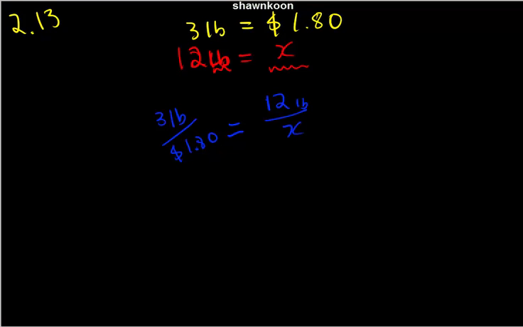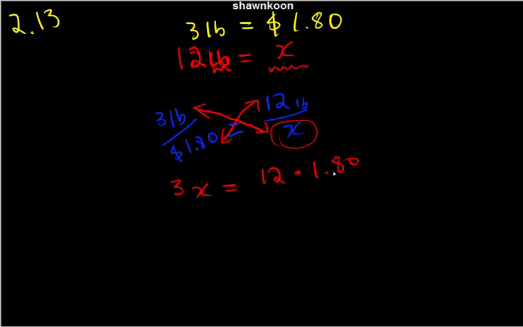We're solving for x now, and in order to do that, we have to cross multiply. We're multiplying this top one by this bottom one, and this x by this top one, which is 3. So this becomes 3x equals 12 times 1.80.